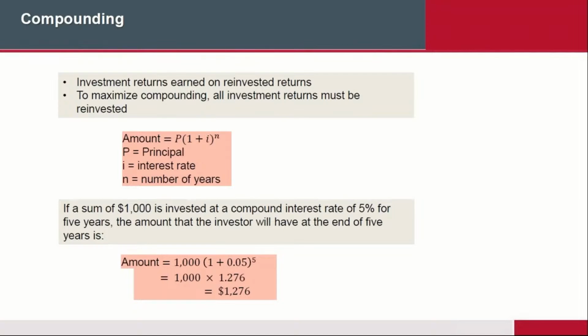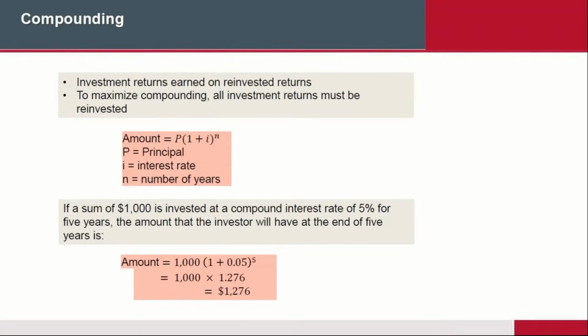To give an example, say you invested $1,000, and at the end of the year you had $100 worth of interest. If you took out that $100, the following year you're just going to get another $100, and that's it. But if you kept the $100 in there, December 31st, January 1st comes along, and now you have $1,100 to invest.